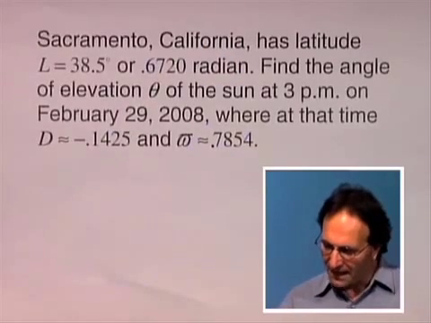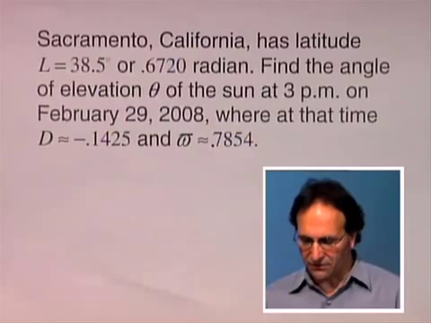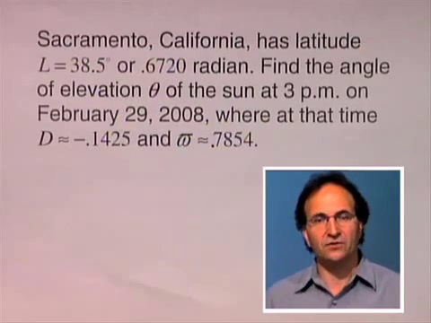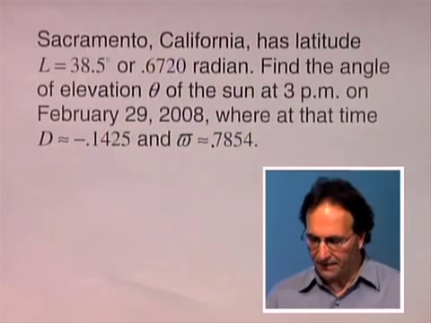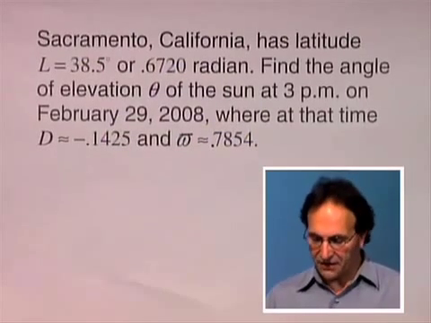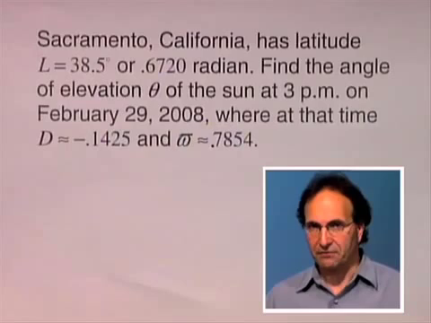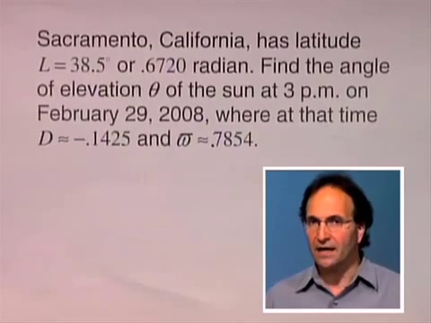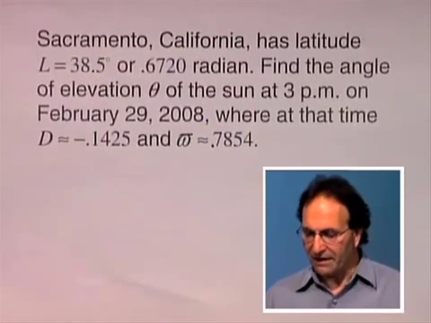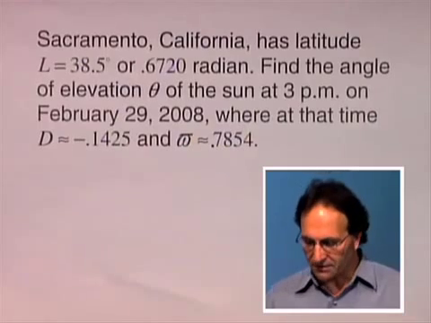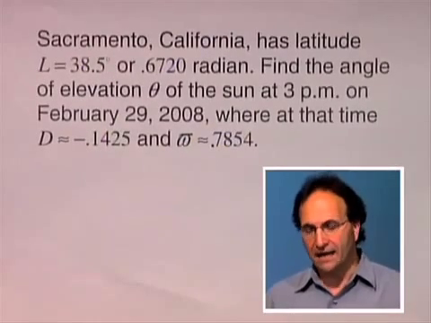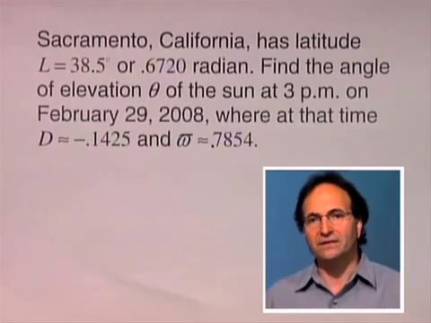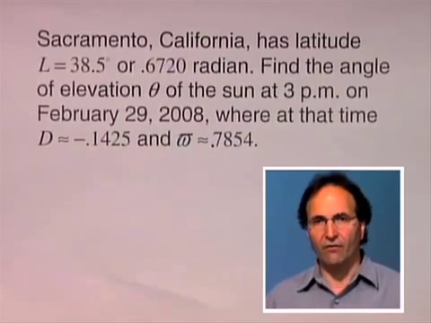Sacramento, California has latitude L equals 38.5 degrees or 0.6720 radian. Find the angle of elevation theta of the sun at 3 p.m. on February 29, 2008, where at that time D was approximately negative 0.1425 and omega is approximately 0.7854.